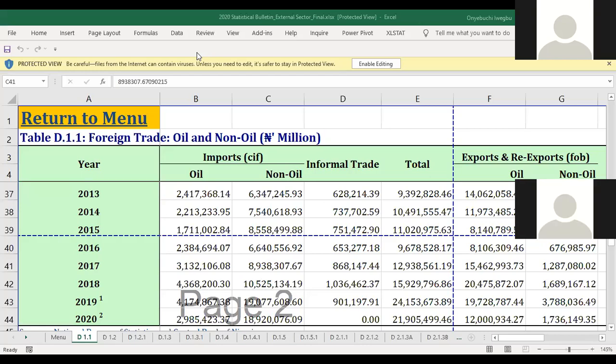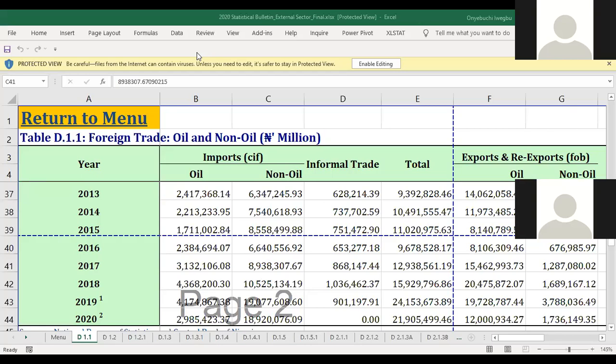From the range we checked, that's 2016 to 2020, we can see that Nigeria has been actively involved in more of non-oil imports, and over the years it has increased.